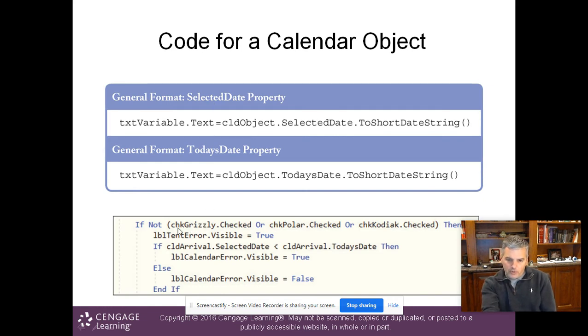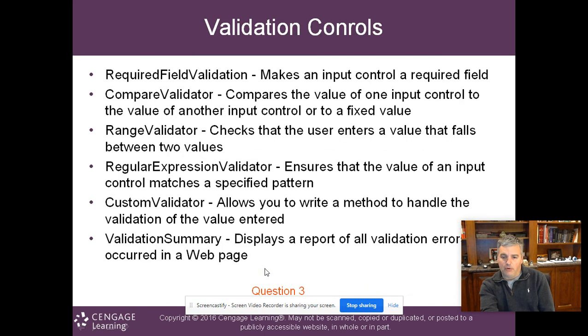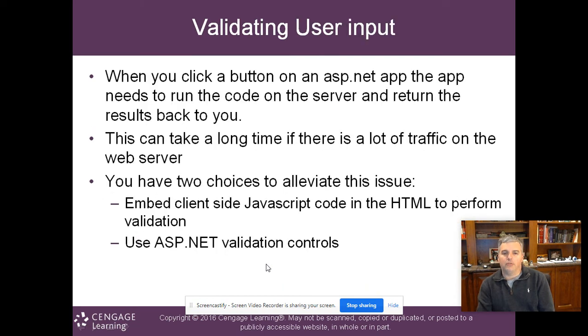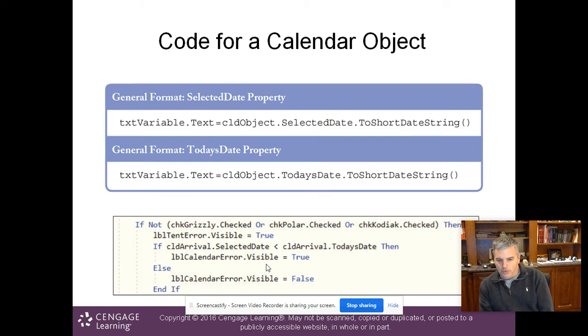And a little more code, so we check if those checkboxes are checked, and then we look at the selected date. If they've selected a date past today or less than today, we display an error. Oops, I just went too far. Otherwise, we move on.